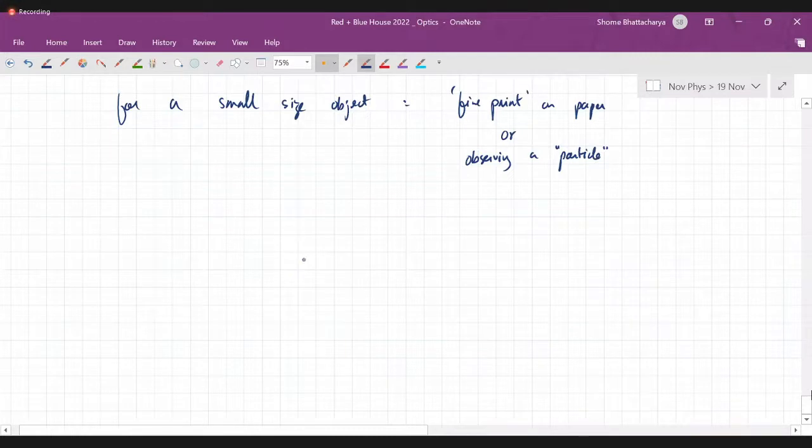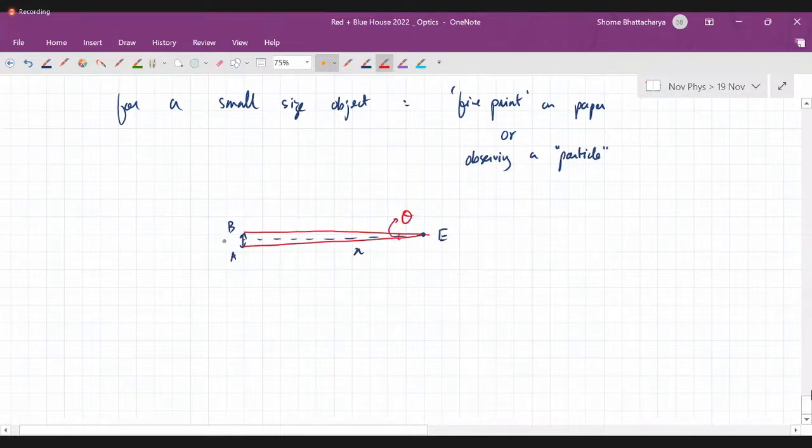Because the size of the object is comparatively small, if the distance from the eye is x, then we can take the angular size as more or less tan theta.